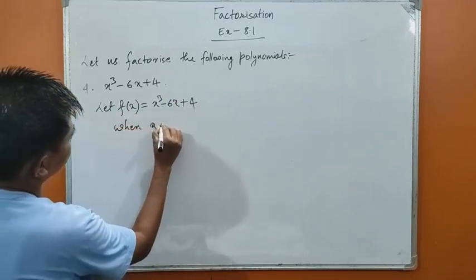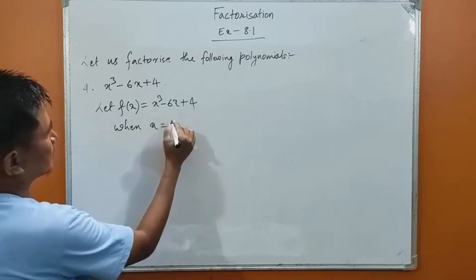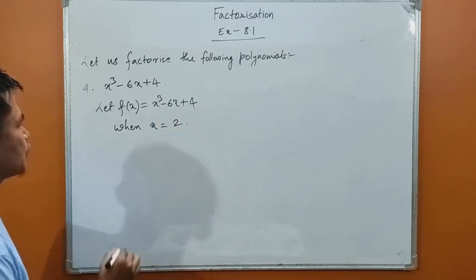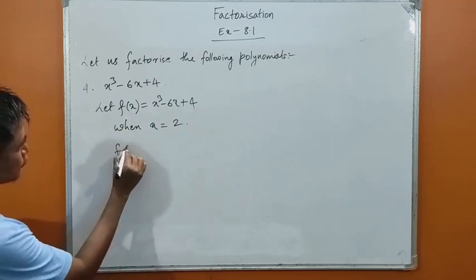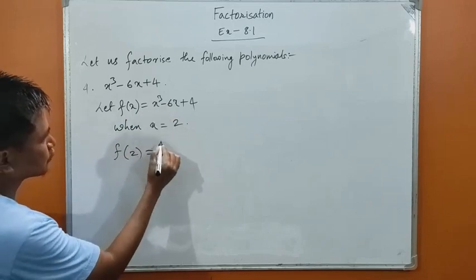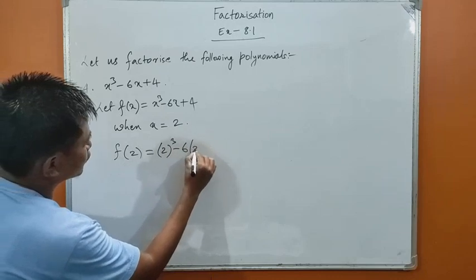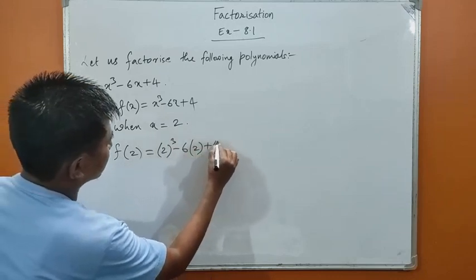So when x equals plus 2, okay, 2 cubed is 8. Since f(x) is this, f(2) will be, instead of x we write 2, isn't it? 2 cubed minus 6 into 2 plus 4.